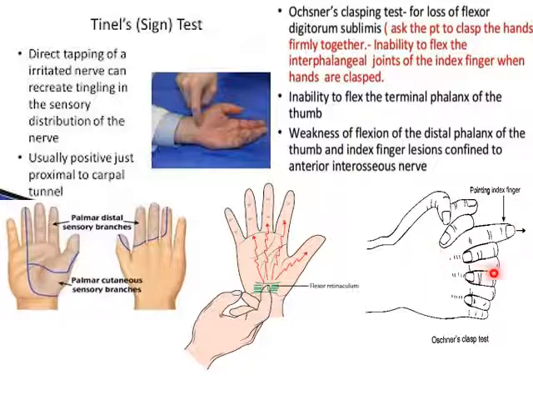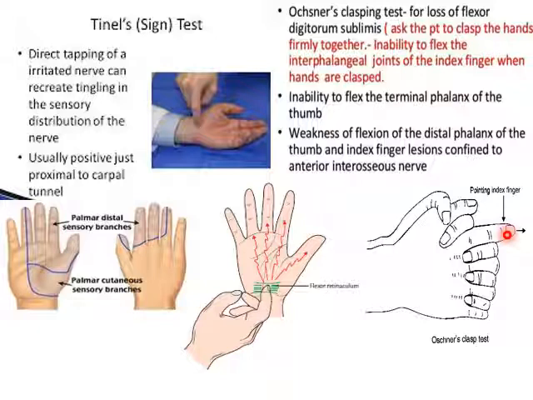Inability to flex the terminal phalanx of the thumb and the index finger is due to the injury to the anterior interosseous nerve, which causes loss of function of the flexor pollicis longus, which is inserted onto the base of the distal phalanx of the thumb, and the flexor digitorum profundus, which is inserted onto the base of the terminal phalanx of the index finger.